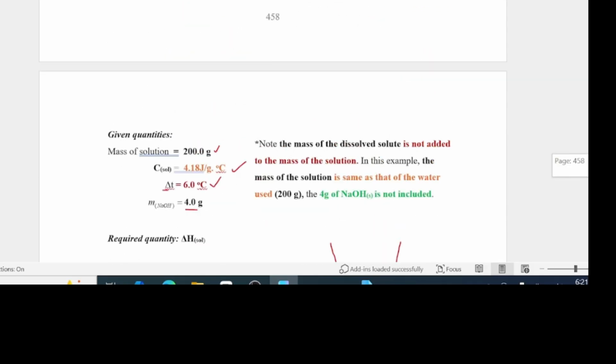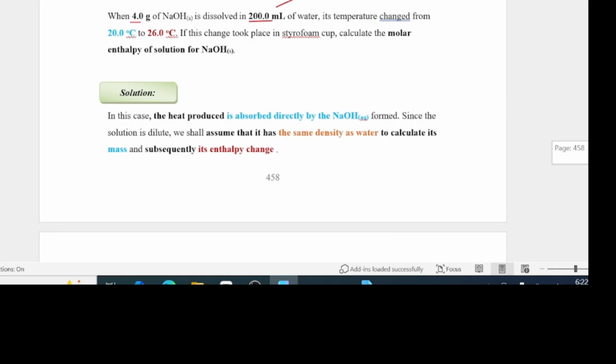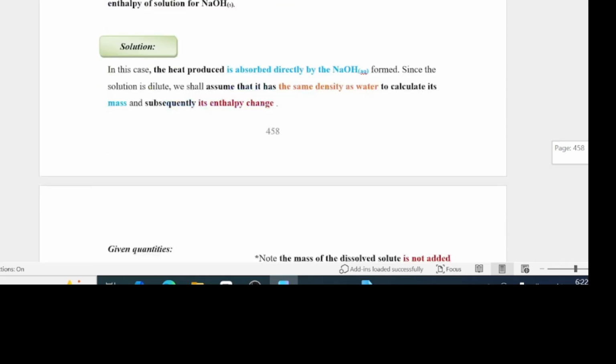So one more time, we have 200 milliliters of water and 4 grams of sodium hydroxide is dissolved inside. The rule is that you do not add the mass of solute that is dissolved in the water when you do your calculation. The temperature changed from 20 degrees Celsius to 26 degrees Celsius. So we're saying that the heat that is produced is absorbed by the aqueous solution that is formed.